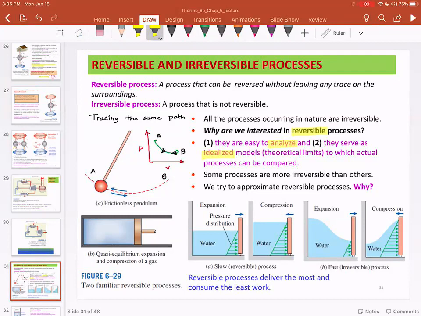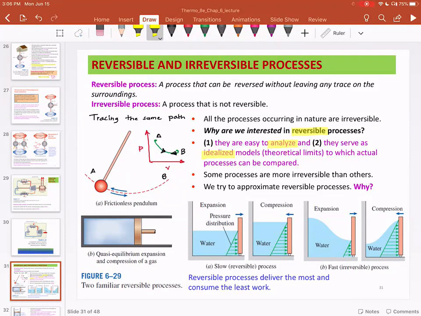So if you have a very slow compression that does not increase the temperature of the working fluid, or a very slow expansion that does not change the temperature of the working fluid, then that process could be considered as a reversible process.